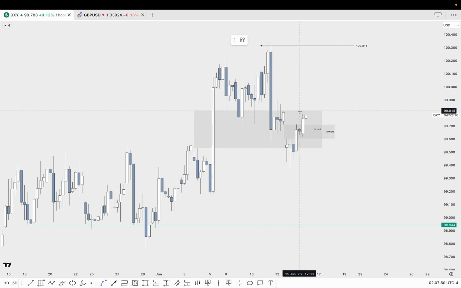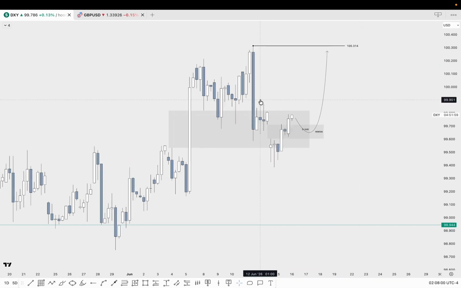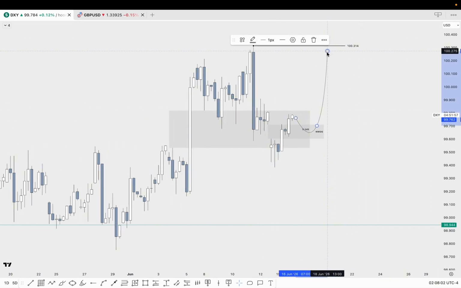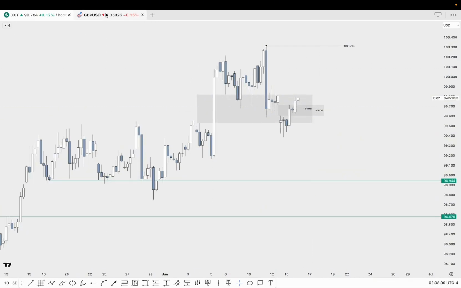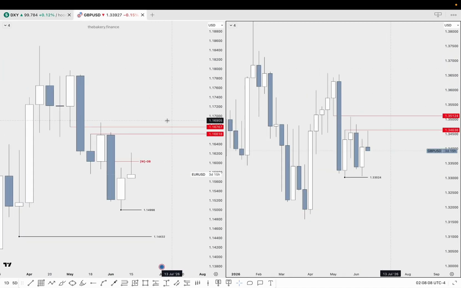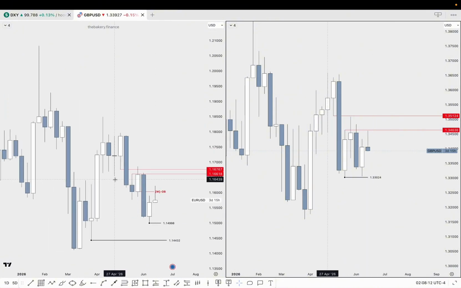So I could get something like this for the rest of the week, going higher. So for DXY, I'm expecting higher prices, which means I'll be expecting lower prices on EU and GU as well.